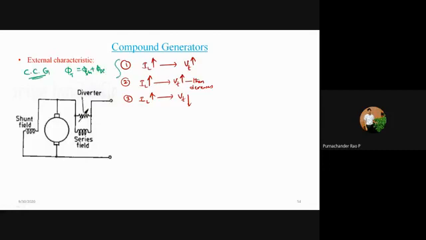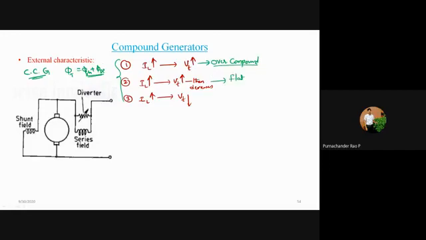Because the flux is increased, your terminal voltage is increased, so this type of generators is known as over compound generators. Always the terminal voltage increases, therefore they are called over compounded generators.